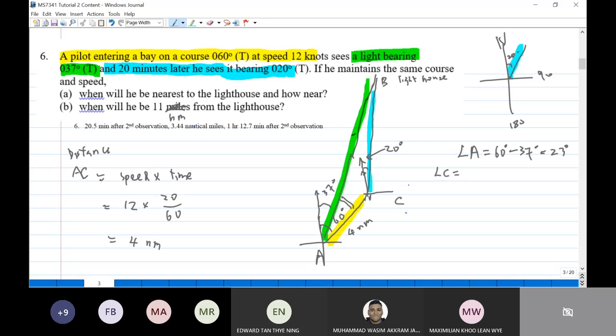So for angle C, you have to look at two sides, and three angles add together. This is 60 here, from the parallel line. So that means this is 30.